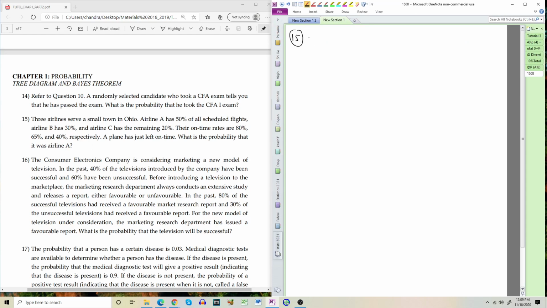Three airlines serve a small town in Ohio. Airline A has 50% of all the scheduled flights. B has 0.3.